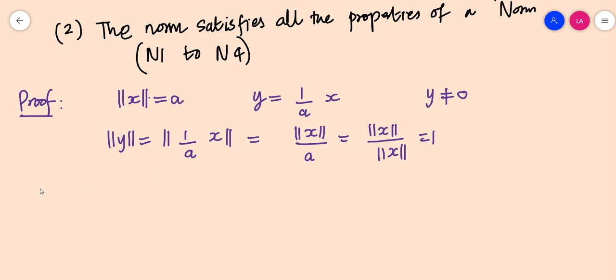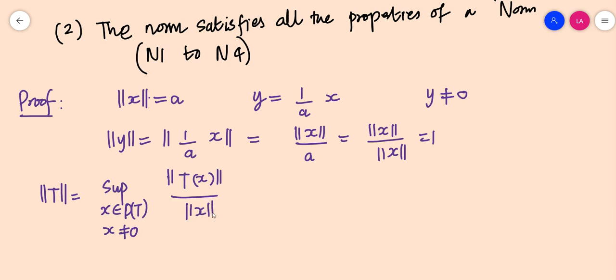Now let's move on to the definition. So norm T is equal to, by the definition, the supremum over x in the domain of T, x not equal to 0, of norm Tx by norm x. Here we have 1 by norm x, which can be written as 1 by a. So this is equal to the supremum over x in the domain of T, x not equal to 0, of 1 by a into norm Tx.